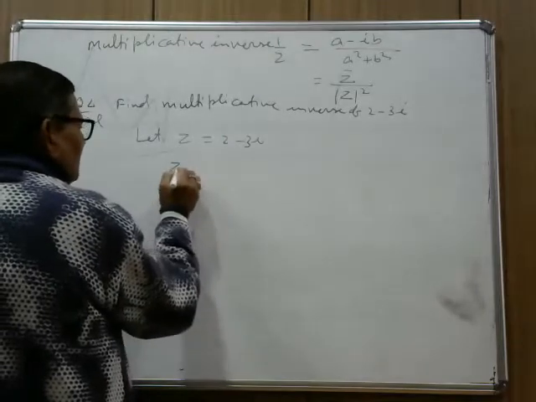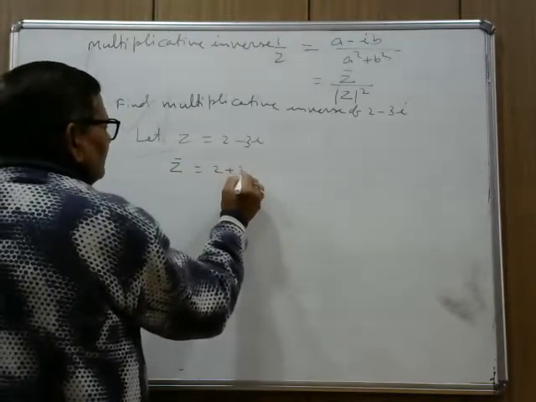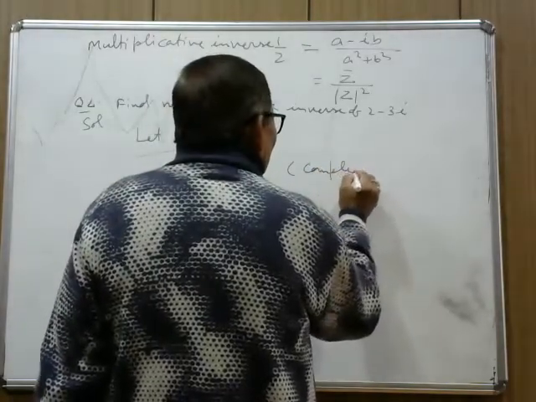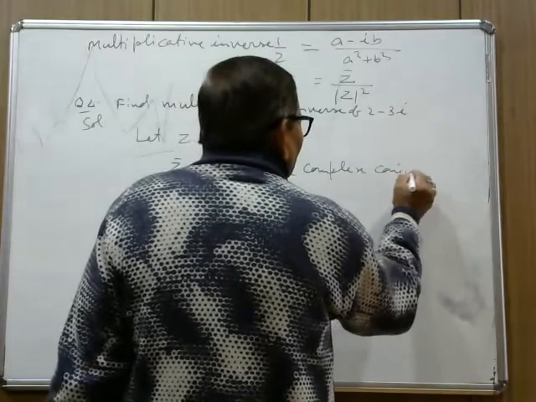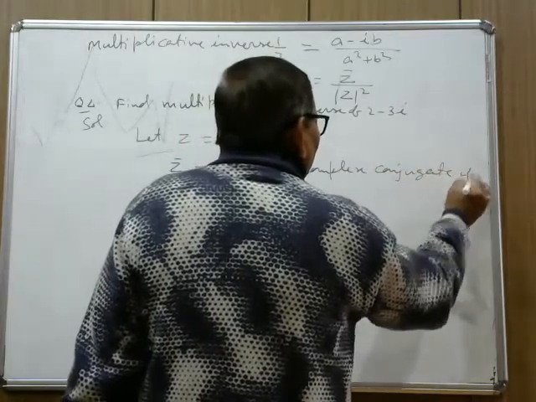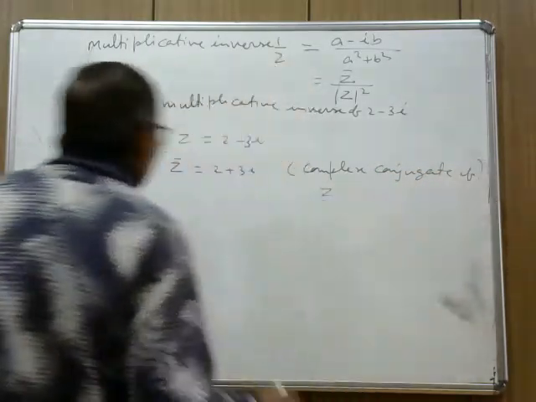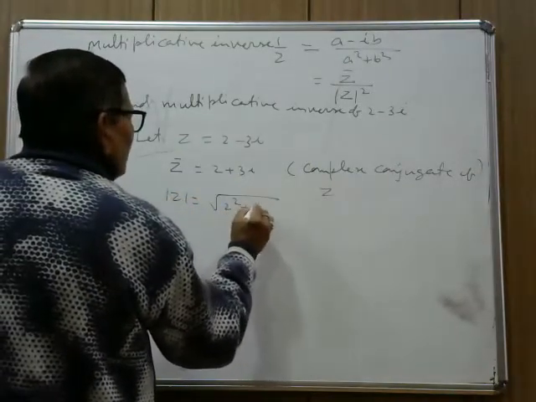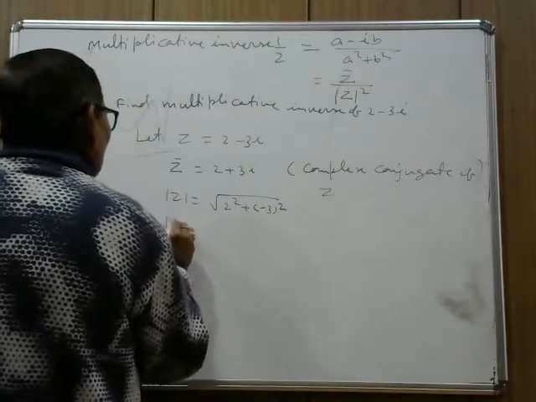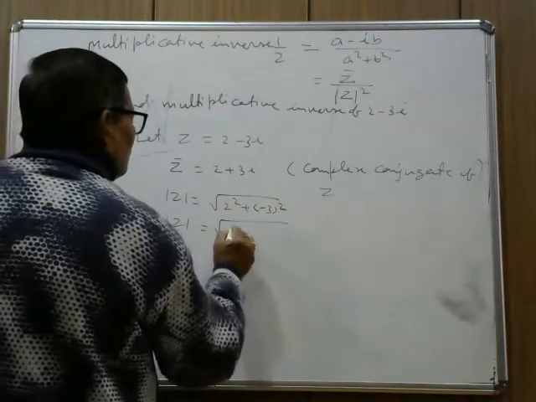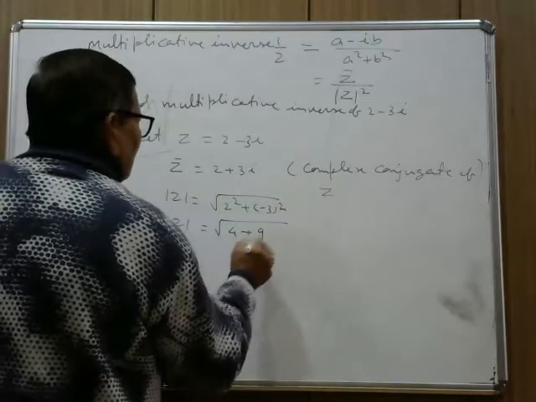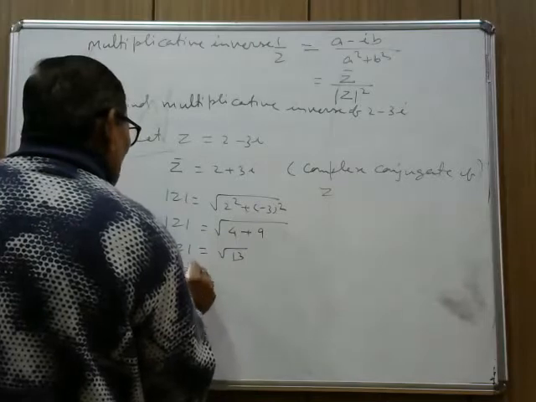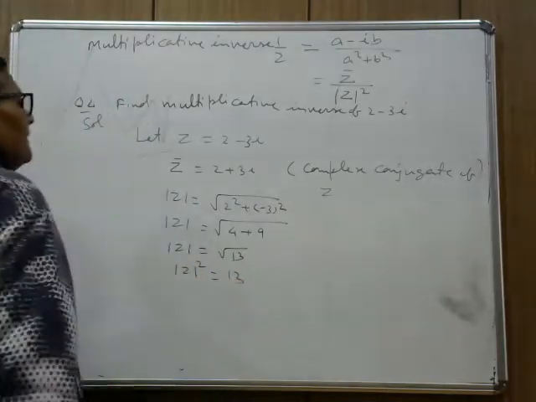Now z bar, that is 2 plus 3i, is the complex conjugate of z. Now mod z equals under root 2 square plus minus 3 square, mod z equals under root 4 plus 9, mod z equals under root 13. So mod z square equals 13.